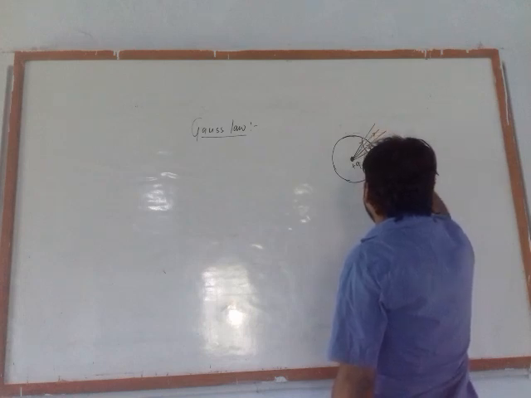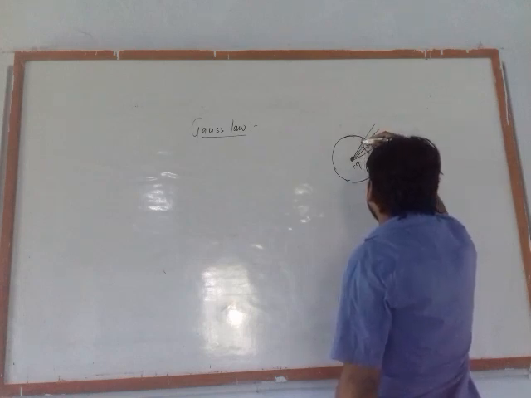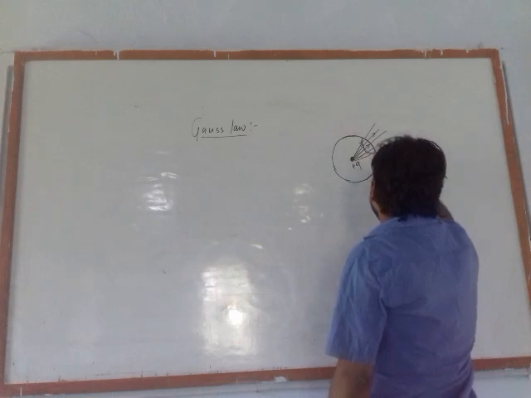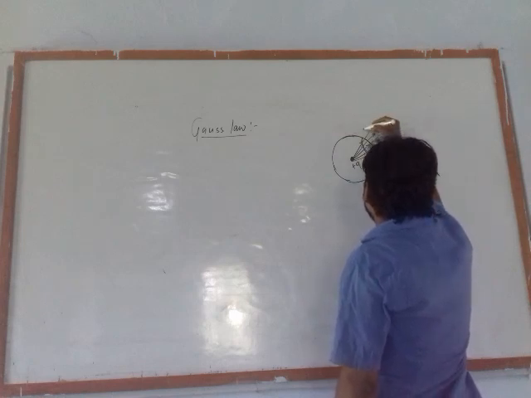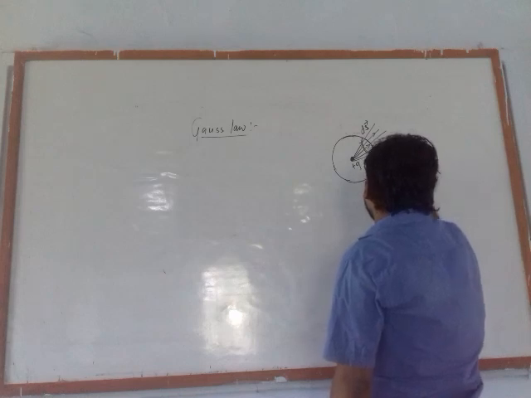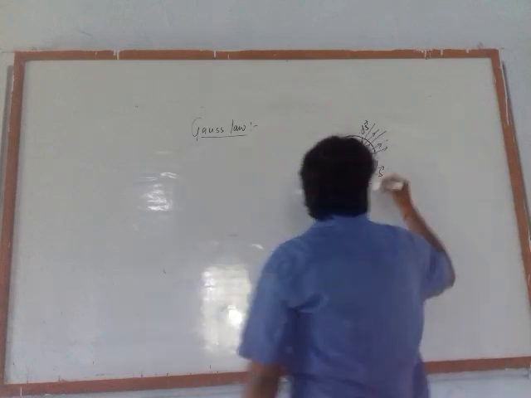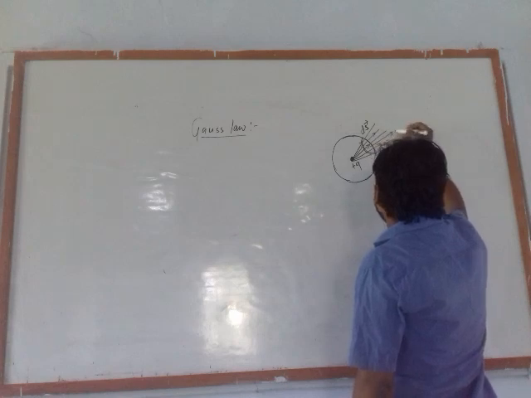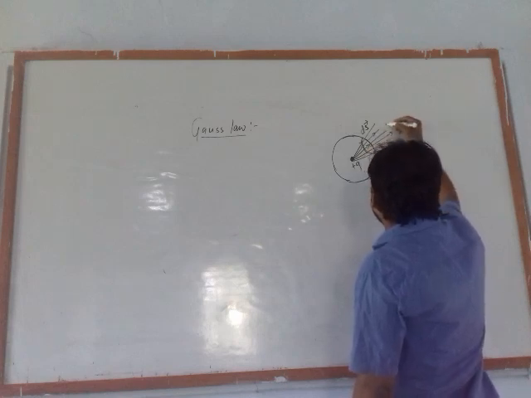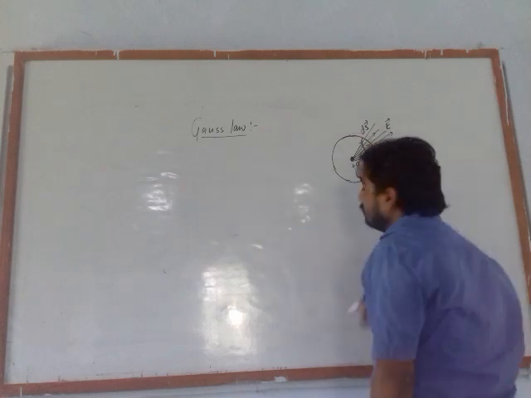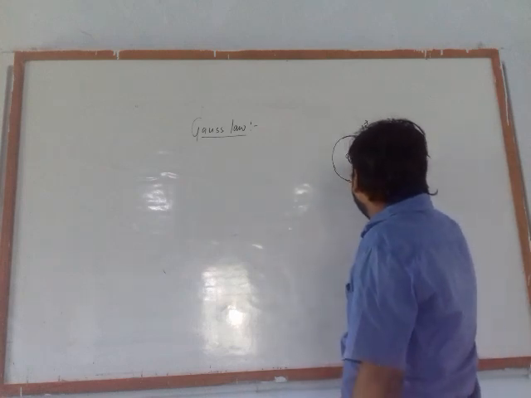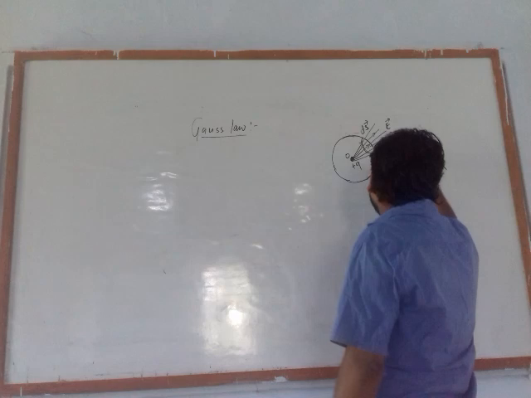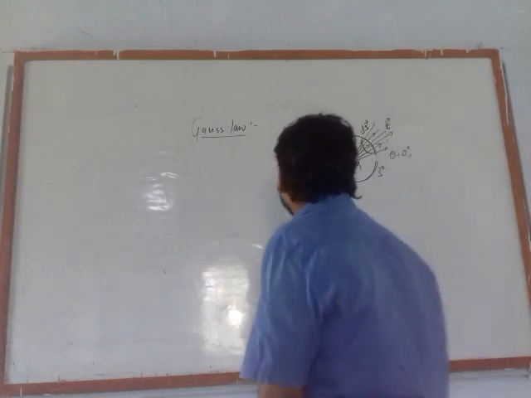I am taking just an elementary area of this surface, and the elementary area is ds, and the total area is S. The direction of this area and the direction of the field will be along the same direction, which means the value of theta is 0 degree, so maximum flux can be taken.